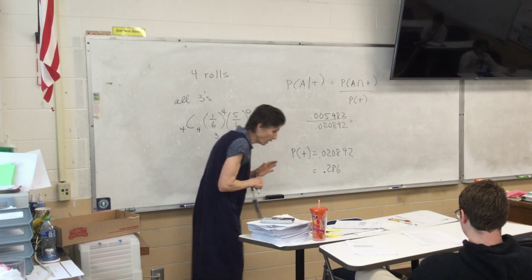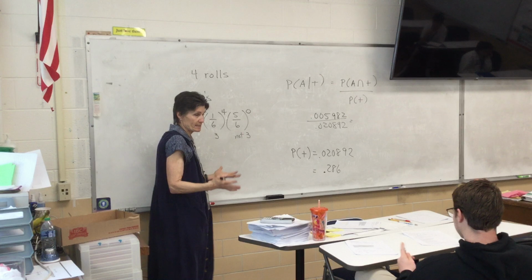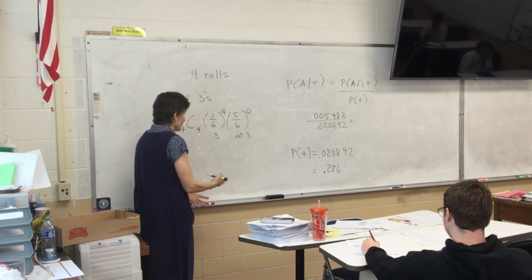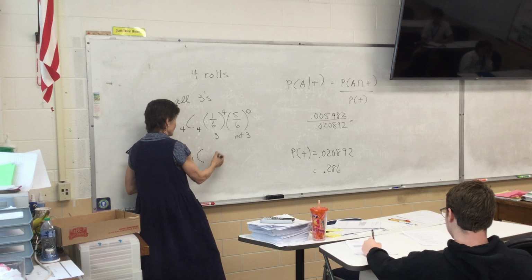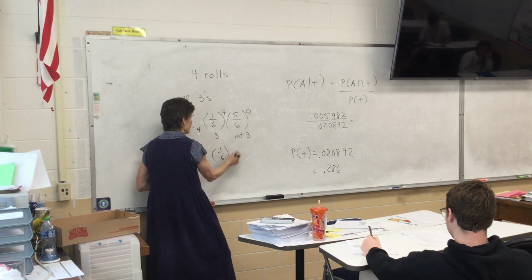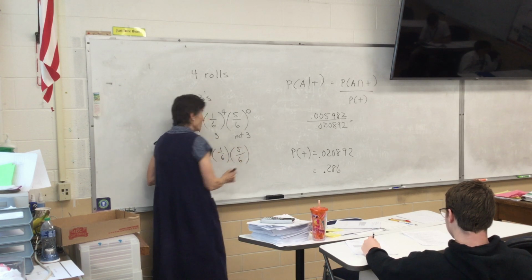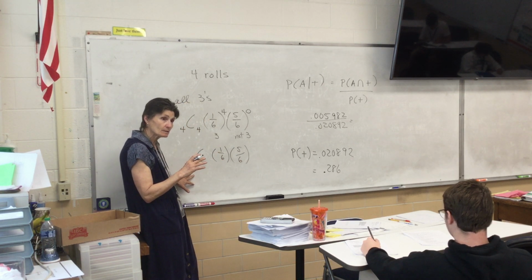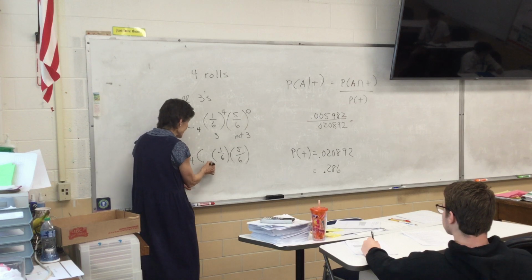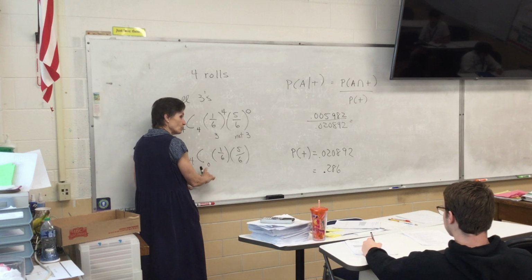Well, what if we wanted no 3s? Well, the basic setup is going to be the same. You're still going to have the same probabilities. But if we want no 3s, then we need 4C0, no 3s.